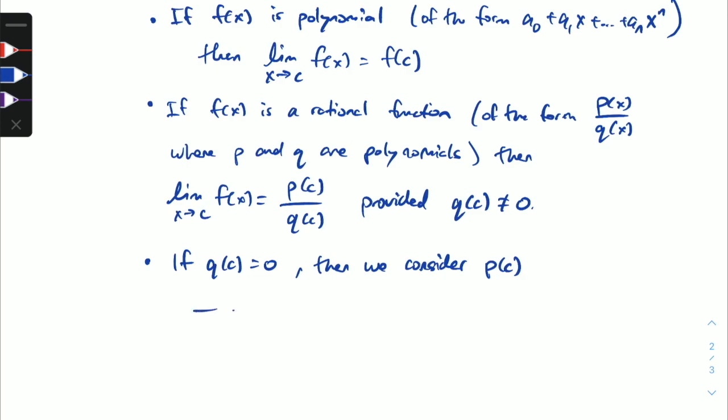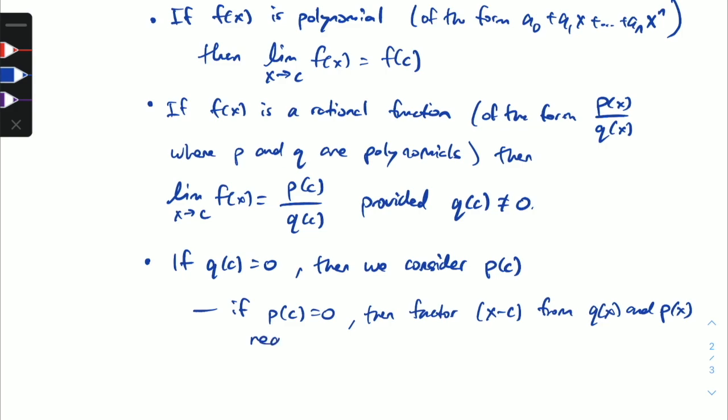Now, if p of c is 0, then we're going to factor x minus c from both q of x and p of x and reduce and take the limit.